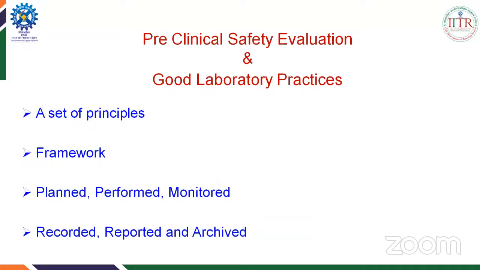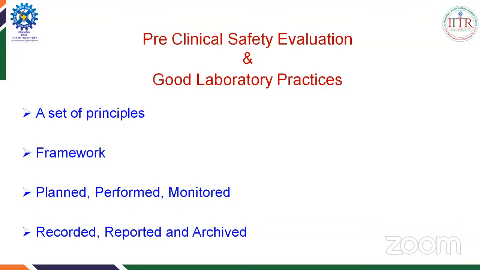So that was just to very briefly talk about toxicology and the connect between toxicology and regulatory. Now coming to preclinical safety and good laboratory practices. I am sure most of you would already be aware of what GCP, GLP, GMP are. So to put it in a crisp manner, it is GXP, where X can either be clinical practice, good laboratory practice, or good manufacturing practice.